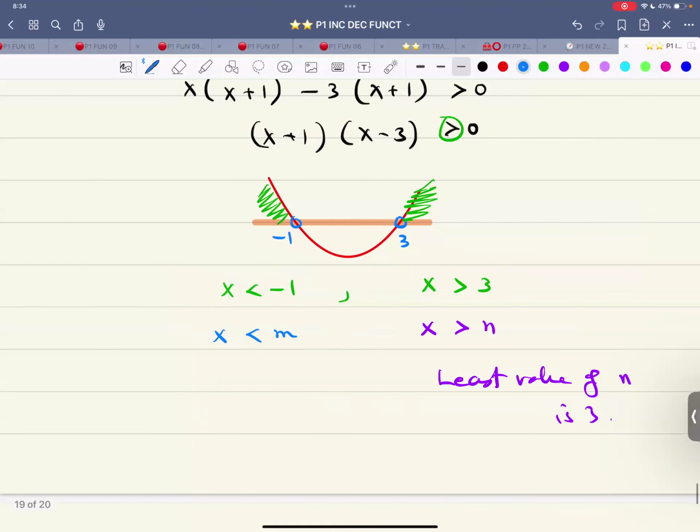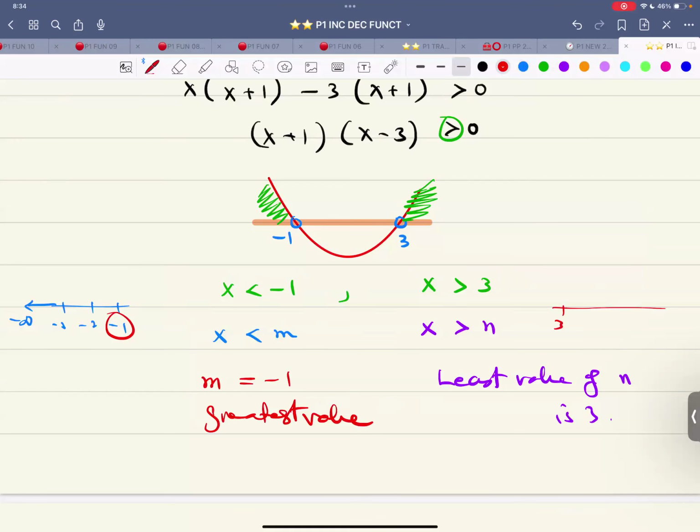So now this is -1, this is -2, this is -3, all the way till -infinity, out of which which is the greatest? So the greatest one is -1. This is the greatest one. And over here, let me draw the number line. That is 3, 4, 5, all the way till +infinity, which is the least one.